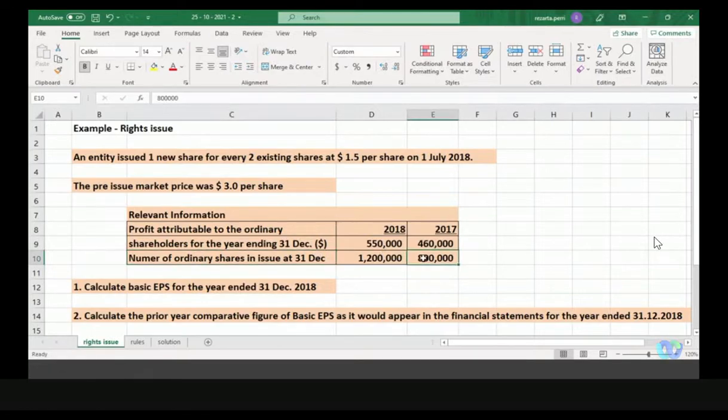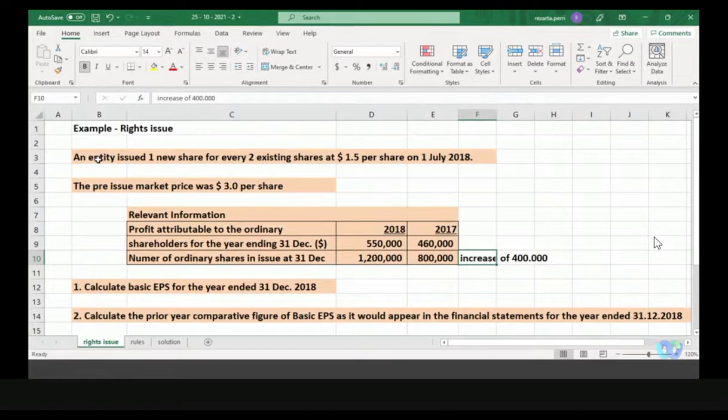It is 800,000 in 2017, and then it becomes 1,200,000. We can see that the change in number of shares from 2017 to 2018 is an increase of 400,000. That corresponds to the issue of rights.